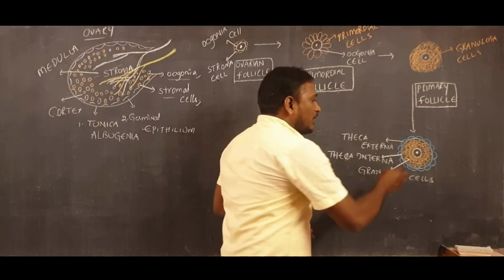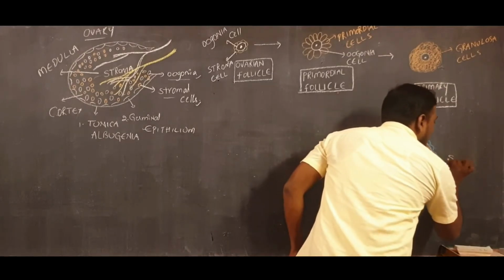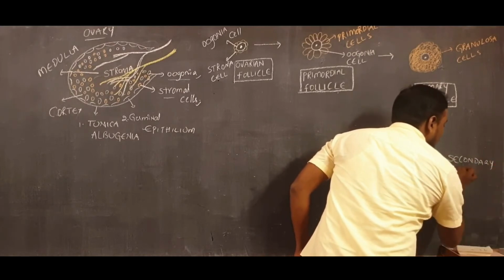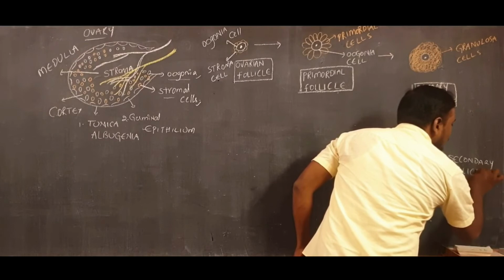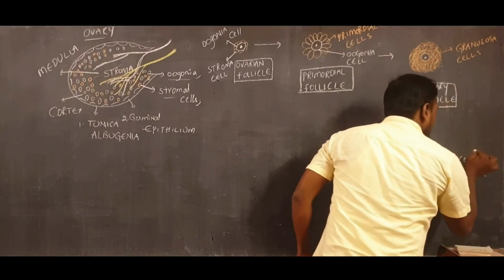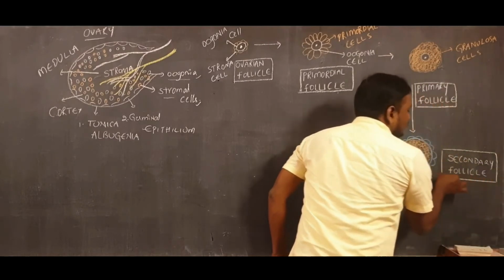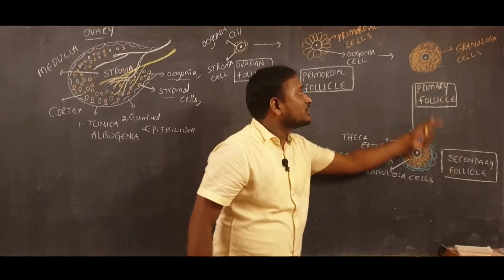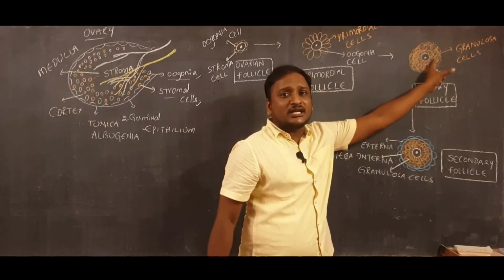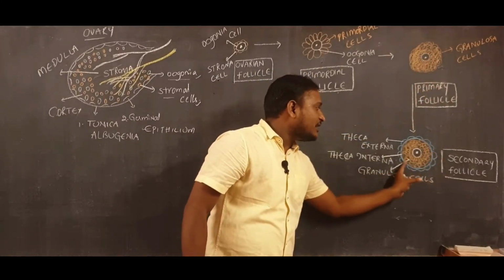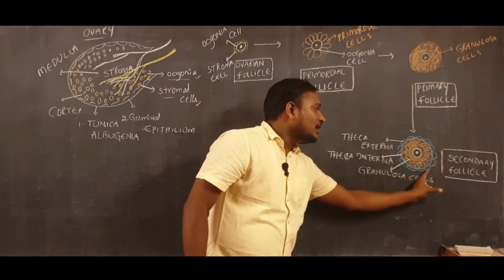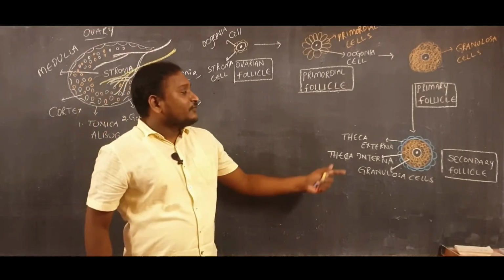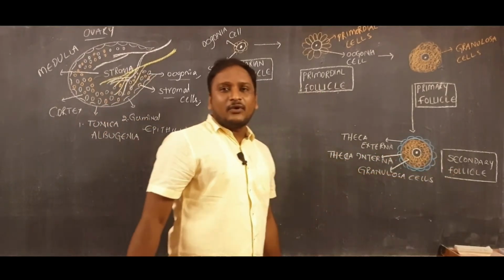And now, this follicle is also called secondary follicle. Primary follicle is now changing into secondary follicle. During this, what is happening? These granulosa cells present alongside the female gamete are now producing another layer, that is theca interna and theca externa. Likewise, two layers will be produced by these granulosa cells. And now this follicle is also called secondary follicle.